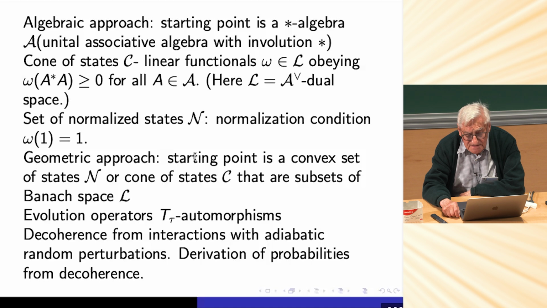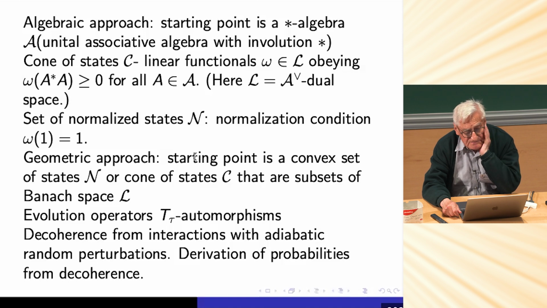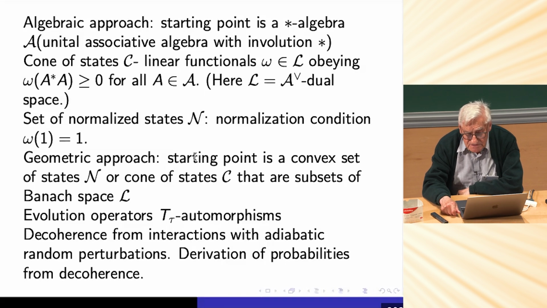And after that, you define positive functionals, that is, linear functionals on the algebra that are non-negative on elements of the form A star multiplied by A. They form a convex cone that I will denote by C. But usually you can consider normalized states, when you have an additional condition that the linear functional omega applied to 1, the unit element of the algebra, gives 1.